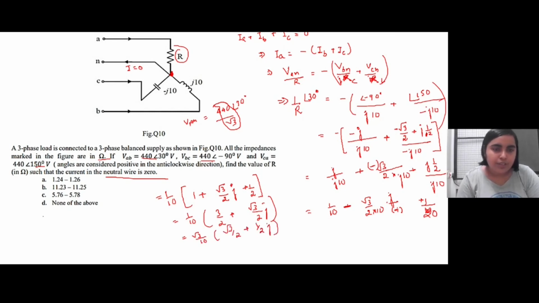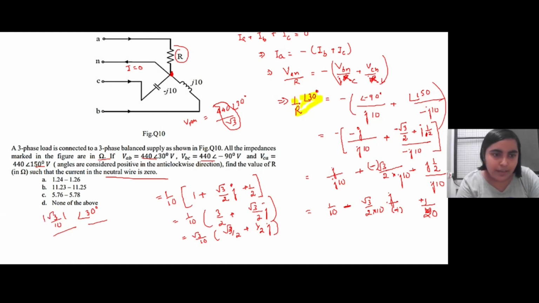Now we have the magnitude to be root 3 by 10 and the angle to be, when the angle is 30 degree, cos 30 is root 3 by 2 and sine 30 is half. So this is the magnitude and this is the angle. If we compare with the value of R that we have, this was the right hand side of the equation.